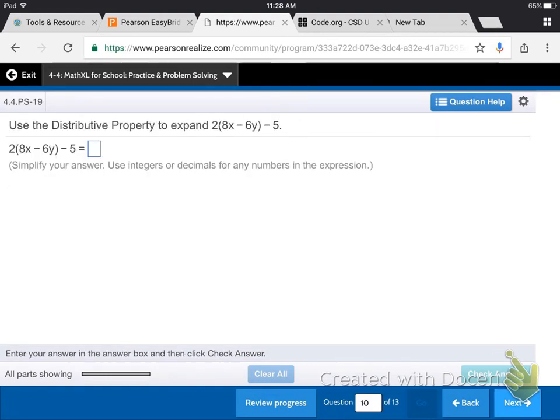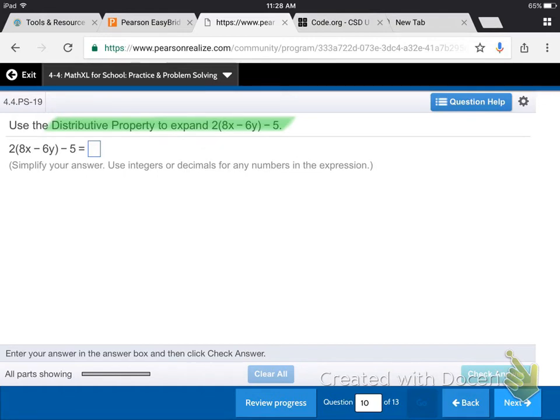Okay, boys and girls, these are becoming a little more complicated now, so let's pay close attention to how we do this. Okay, we're going to use the distributive property to expand this expression, which means expand the expression. Distributive property and expansion mean the same thing.